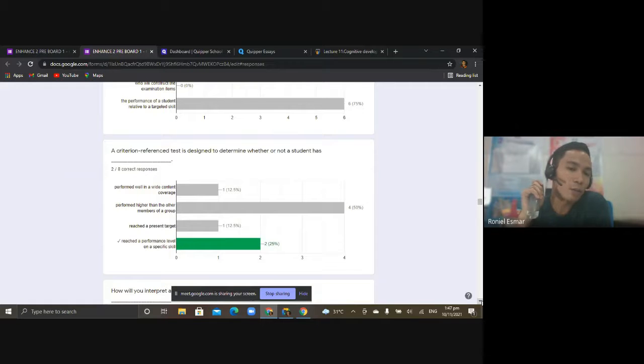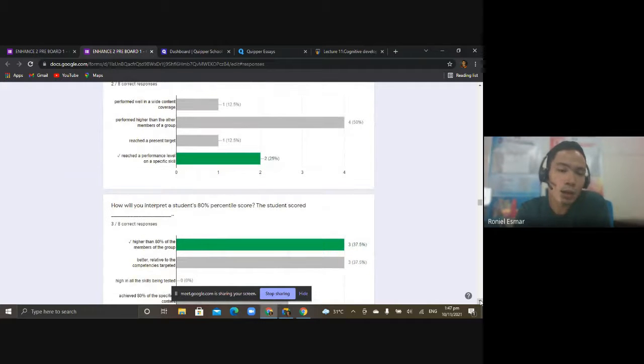Whereas if we make use of a norm reference test, our basis is the highest score, and the number of students who can pass depends on it, because we relate the performances to the particular student who got the highest score. Okay? So that's why it's letter D or number 4, the answer to this item.